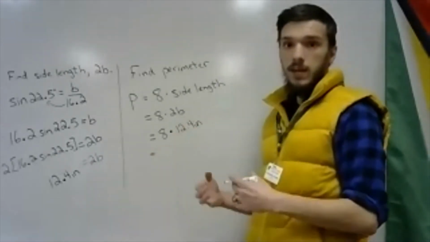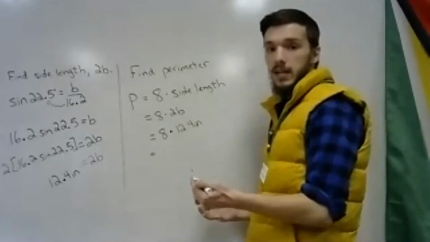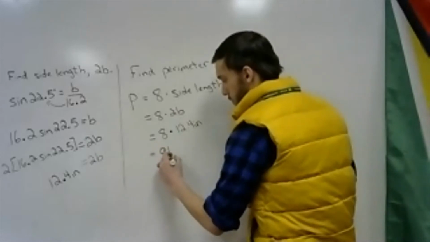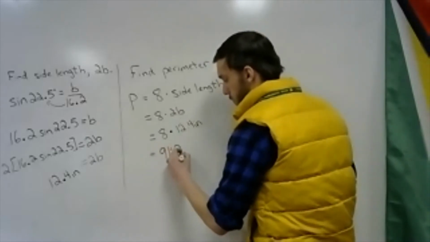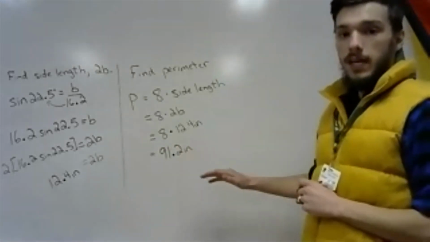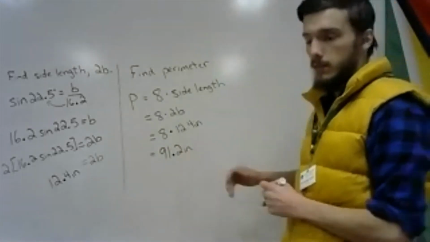And that gives us a grand total of about 91.2 inches. So that's our perimeter.